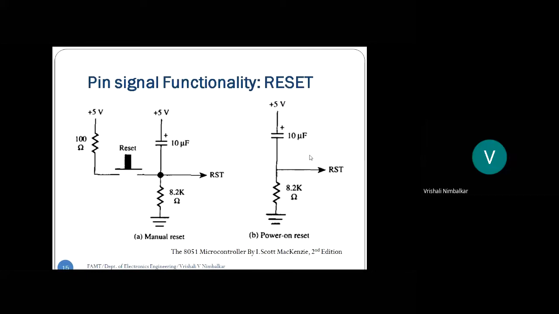Okay. Now, why did we choose 10 microfarad and 8.2 kilo ohm? Just because that signal should remain high for 2 microseconds. Then and then only the reset will happen. So to get that time period, we have this value of capacitor and the resistor chosen. Correct?